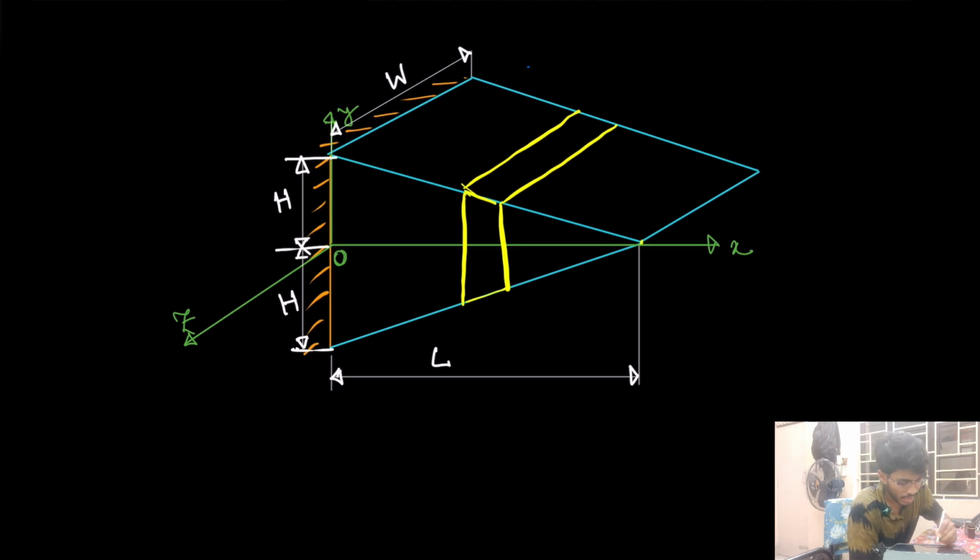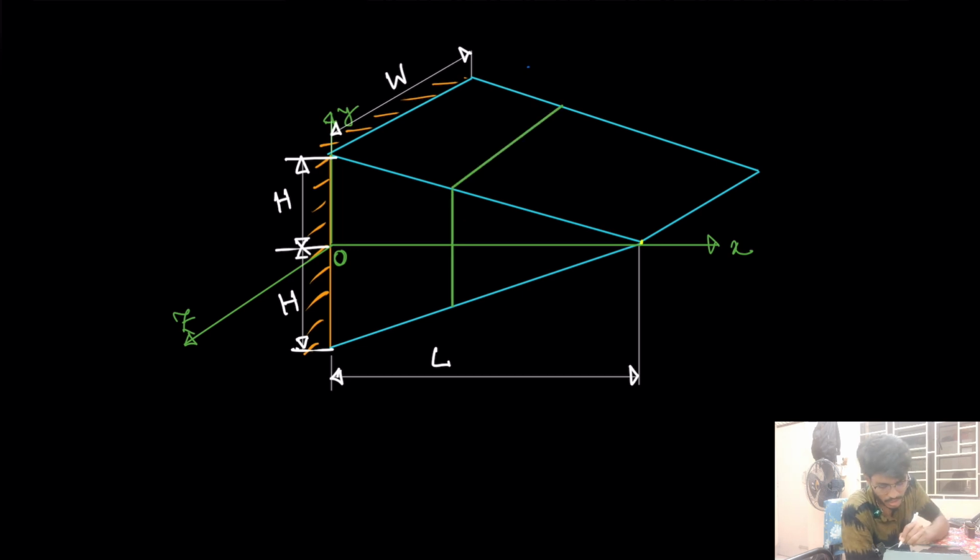So this is our elemental control volume. And if you see the 3D view, let me draw it very clearly, not with crooked lines. This again not with green, because green is already our coordinate axis.